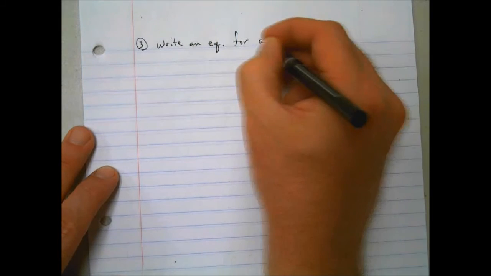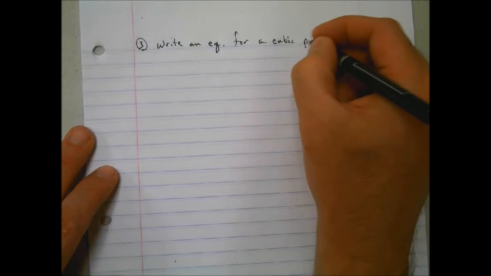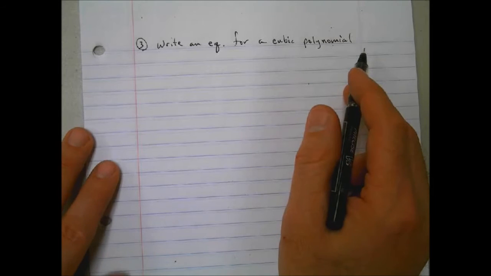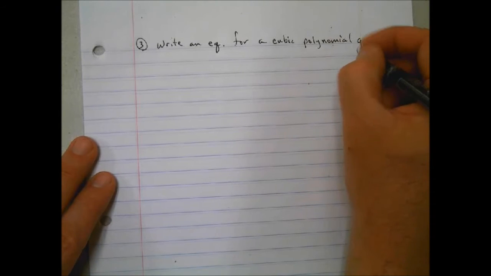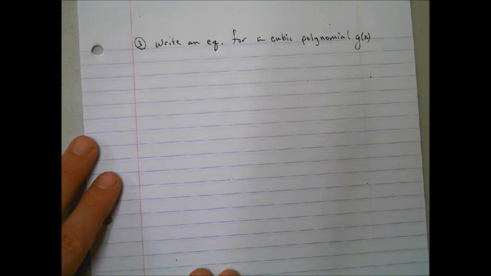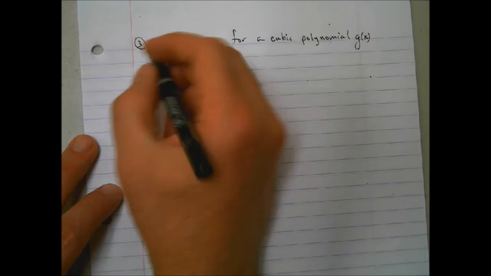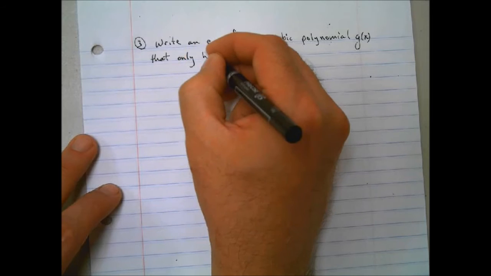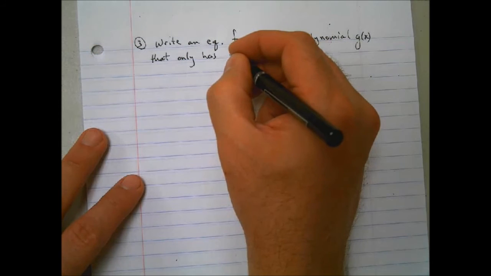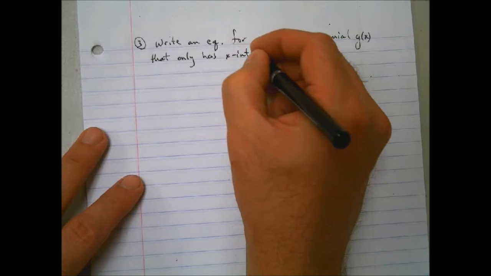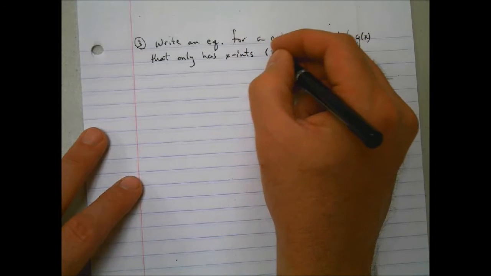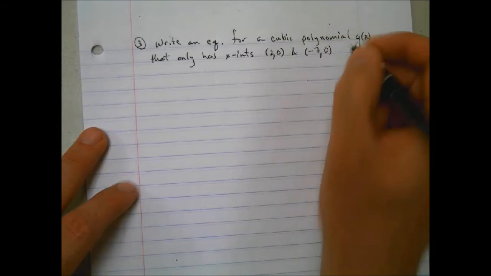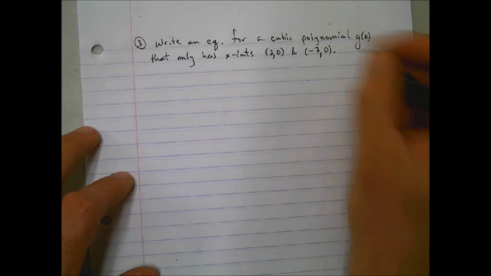Write an equation for a cubic polynomial, cubic, degree 3, g of x, that only has x-intercepts (2, 0) and (negative 7, 0).